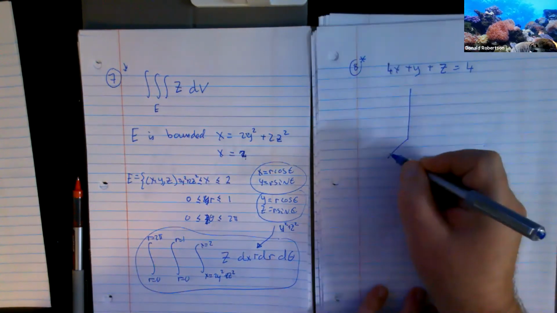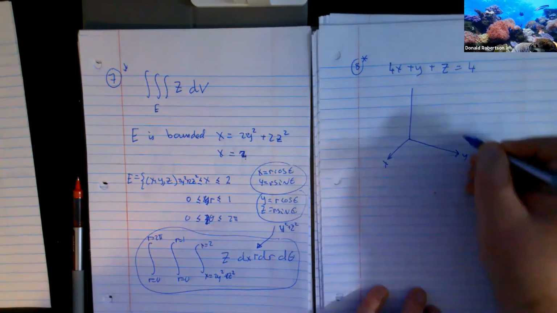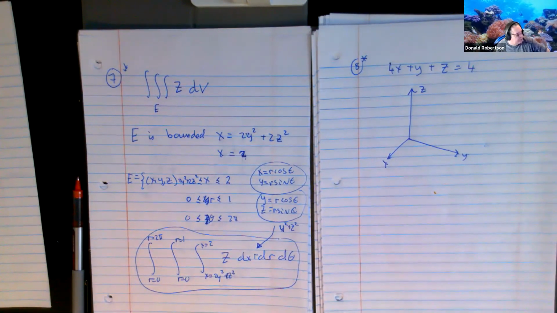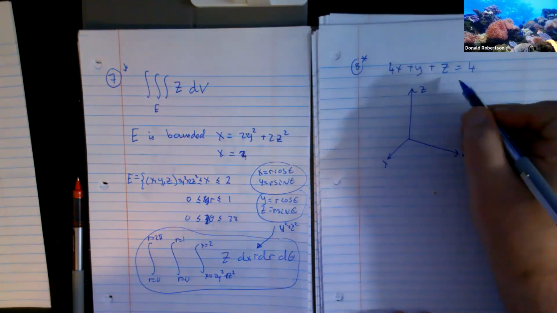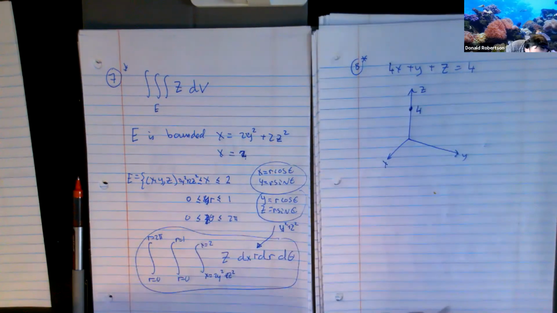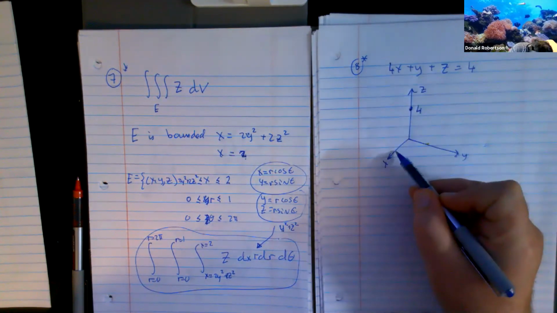So let's explain what they're talking about when they say it's enclosed by the coordinate planes. This guy here crosses the z-axis at 4. This guy here crosses the x-axis.